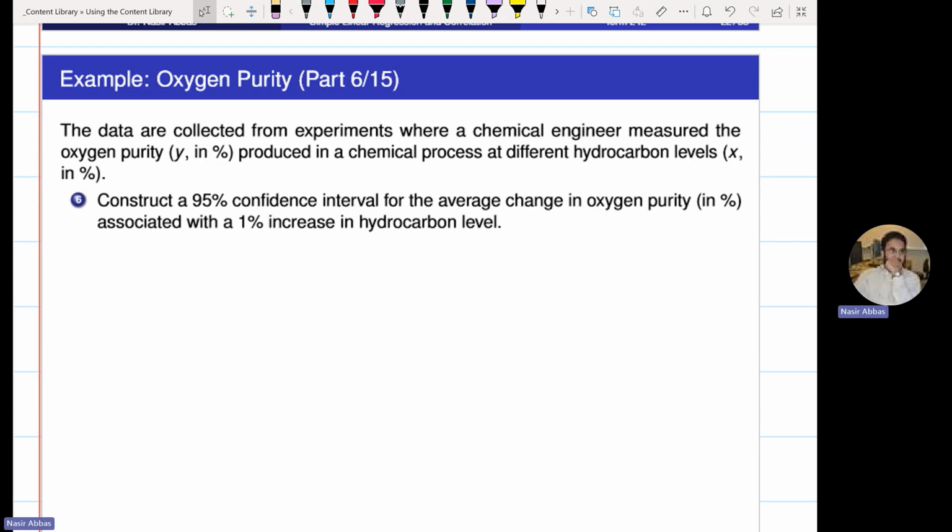Before I wind up, can someone guess what is required in this question number 6? Average change in Y due to a unit change in X. What is that?